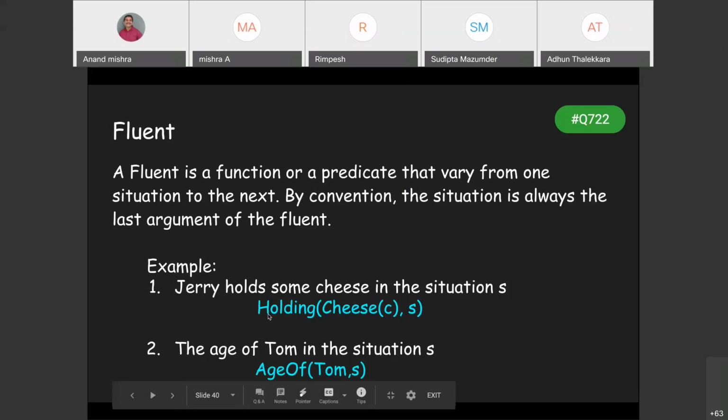Fluents are nothing but arguments where you have a situation and something you describe. This is not universally true. It is only true at that particular situation, and it will change as the situation changes. That is how a fluent can be understood.